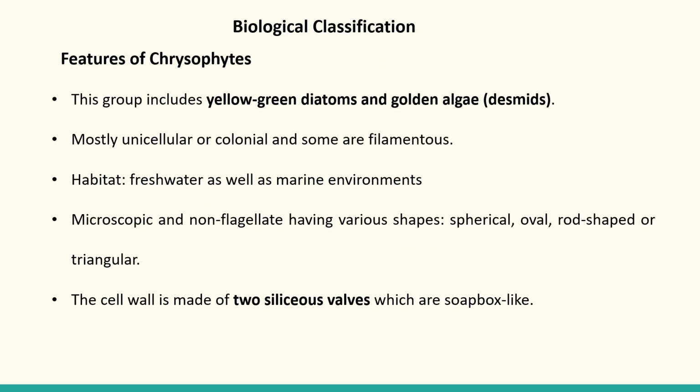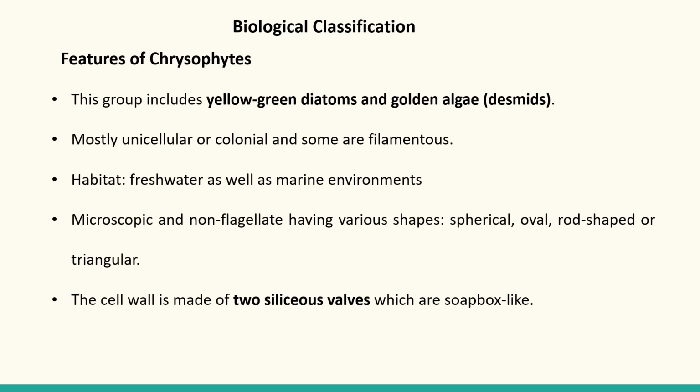Chrysophytes are the yellow-green diatoms or golden algae, also called desmids. Mostly they are unicellular, but sometimes they are found in colonial form, and sometimes filamentous also. They can be found in freshwater as well as marine environments. They are microscopic and non-flagellate, having various shapes.